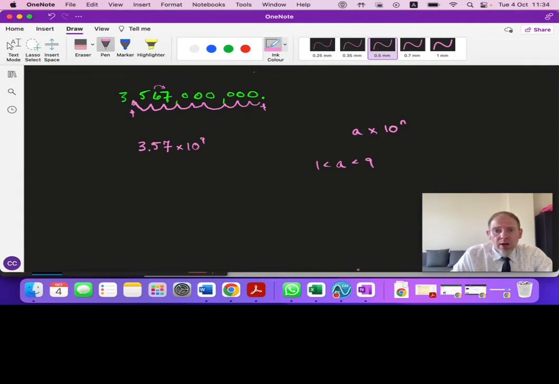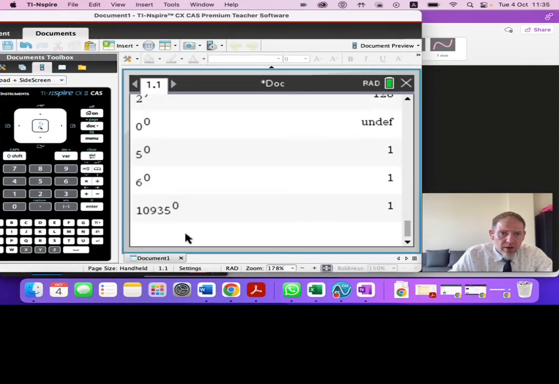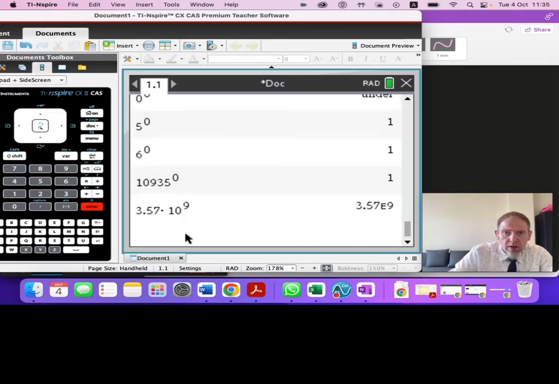Real quick, if I wanted to check that on my calculator, 3.57 times 10 to the 9th power, it's going to give me that in calculator notation. But if I just take this and press that again, we can check this again. We've got 1, 2, 3, 4, 5, 6, 7, 8, 9.